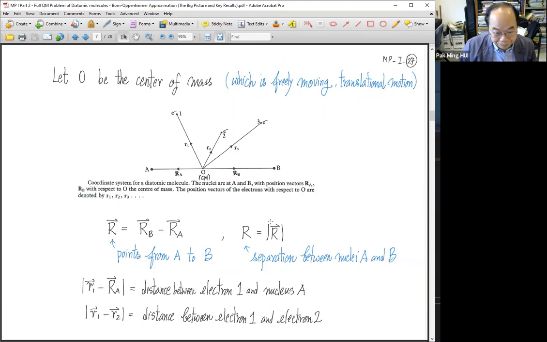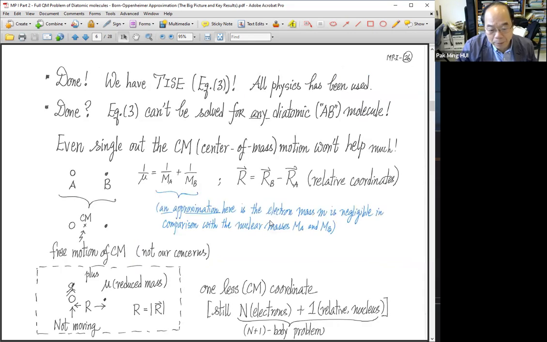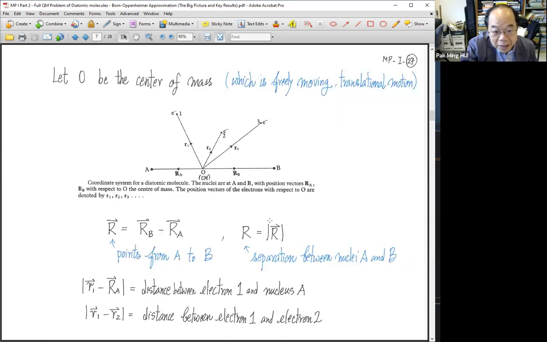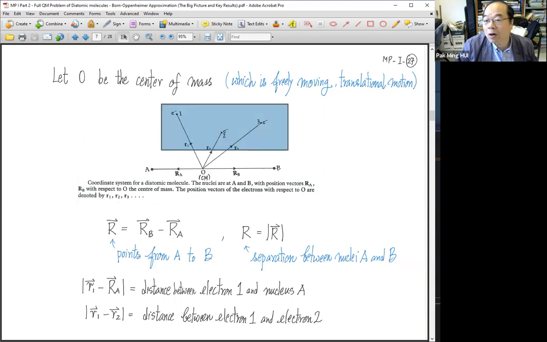So let's start. Last time I showed you a diatomic molecule problem. That is to say, we have two nuclei, A and B, and then there are a number of electrons, that could be 5, that could be 10, depending on what is the particular AB molecule.